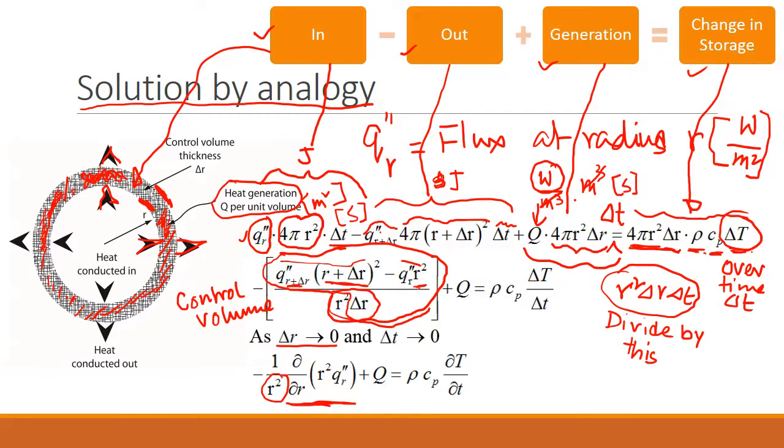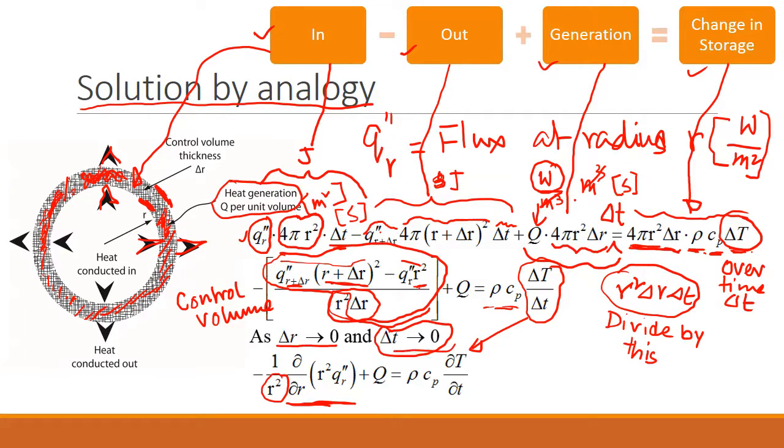Plus q, and rho cp stays the same, and as we make delta t go to 0, this becomes the derivative.